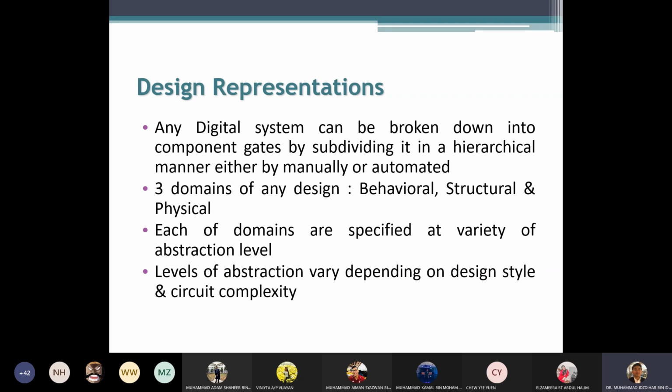I think I can share the slide image showing how you can have different levels of abstraction. It depends on your design and your circuit complexity. If you're going to design a NAND gate you shouldn't have to do that. But we are talking about big circuits, for example a microprocessor, or let's say an adder.